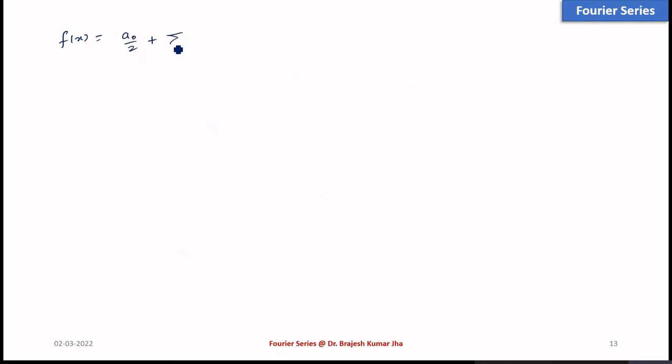f(x) equals a0 by 2 plus summation n equals 1 to infinity an cos nx plus summation n equals 1 to infinity bn sin nx.